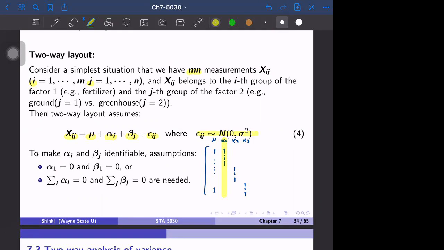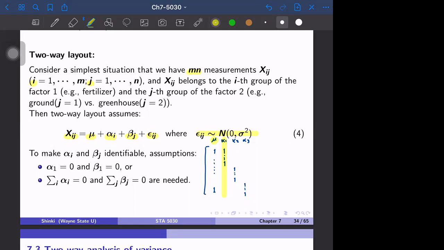The error is assumed to be normal, 0, sigma squared. If we have all the alpha i's, for example i equal to 1 to 3, alpha 1, alpha 2, alpha 3, that is redundant, because suppose that we have 3 levels, then mu is the coefficient of the intercept.